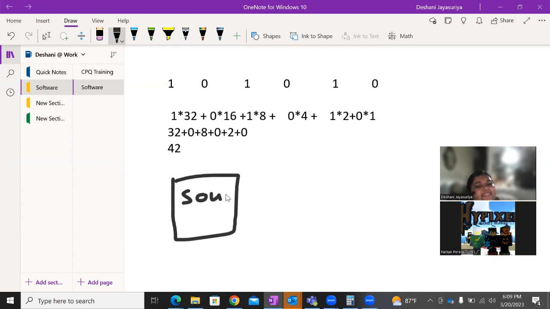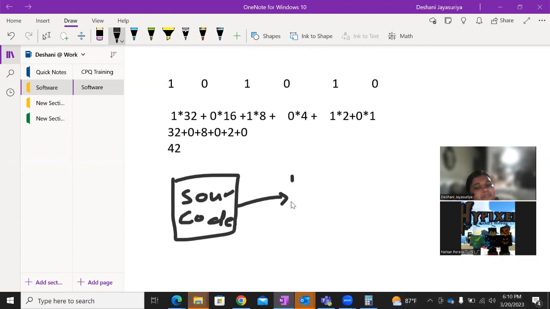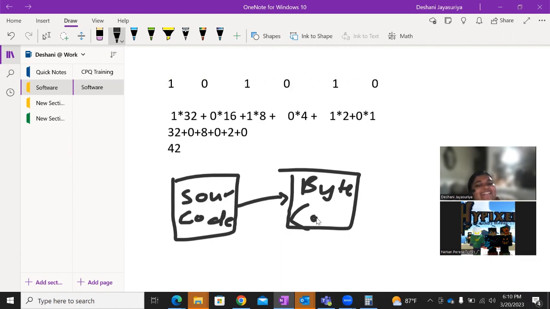I'm writing it like this, and we are converting it to bytecode. I'm going from the beginning so that you can understand it better. Then this is something in between that is happening.